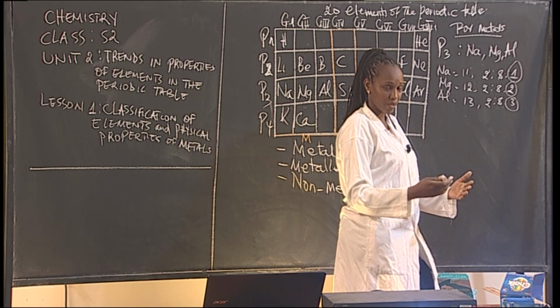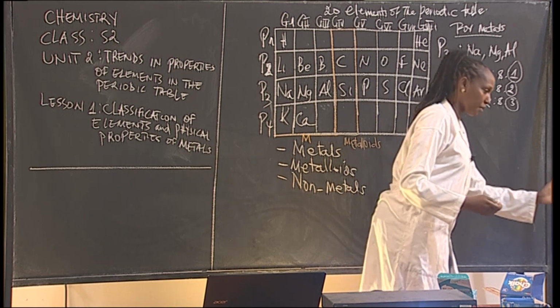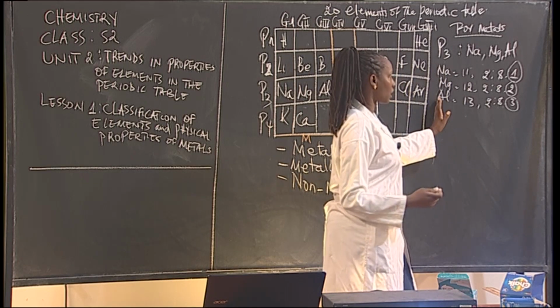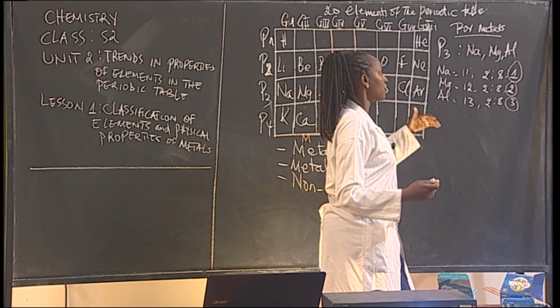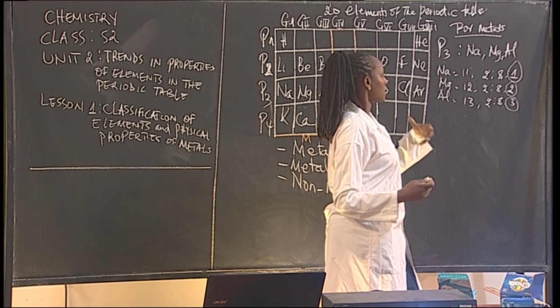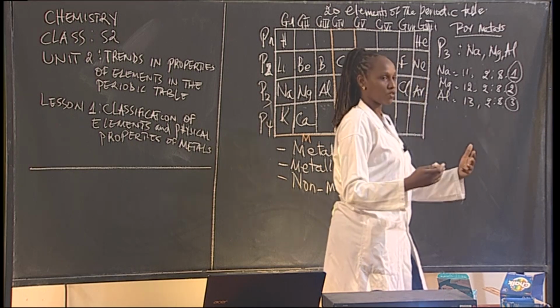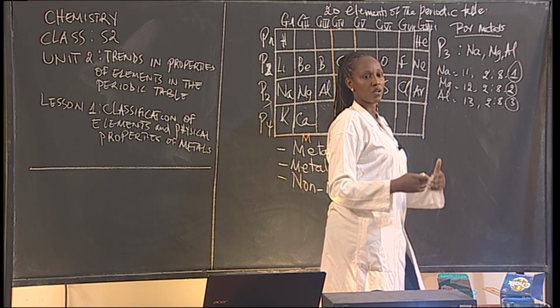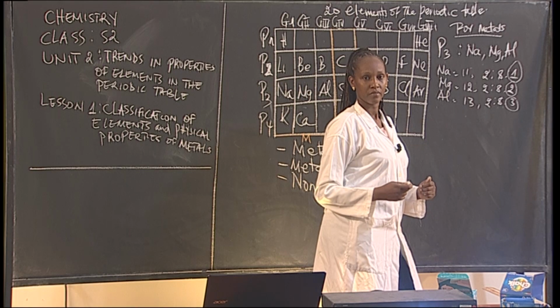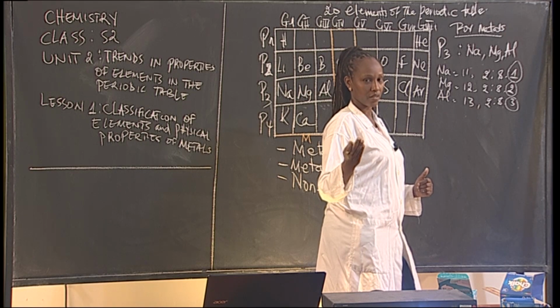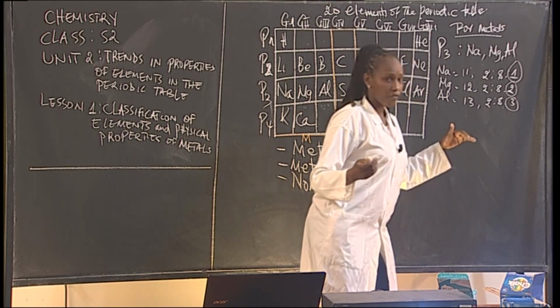So that's why we say, as you move across a period, the metallic character decreases, since the capacity to lose electrons also goes on reducing. I think that is very clear for everybody. Good.